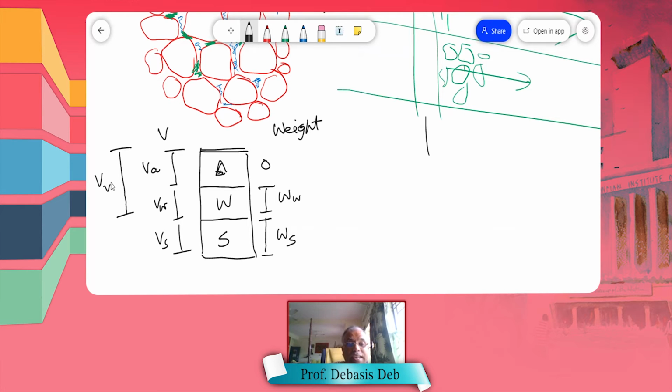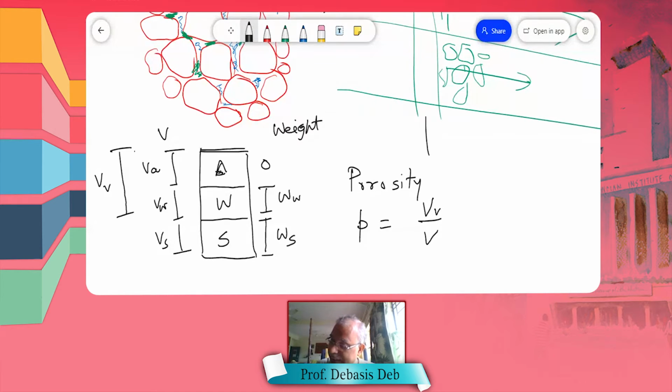Okay, now what is porosity? First definition, porosity. We define this by a parameter called n, and this is the volume of void by the total volume.